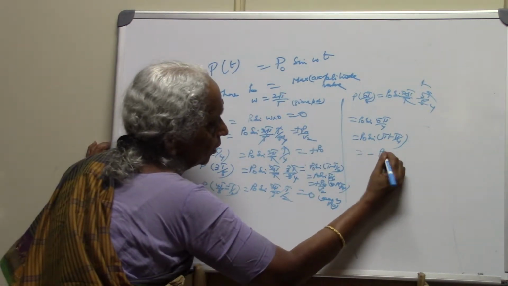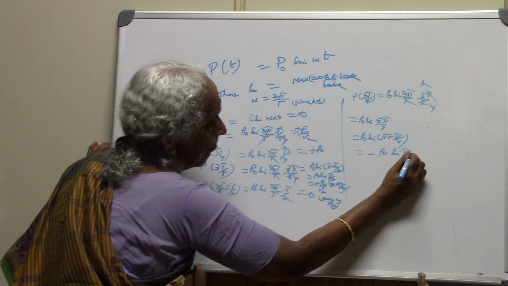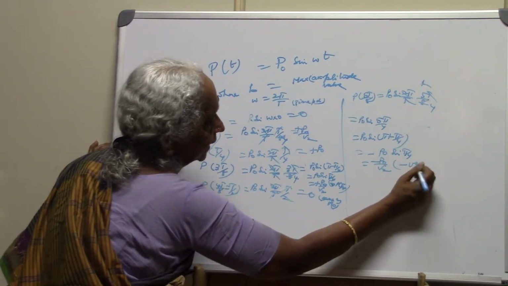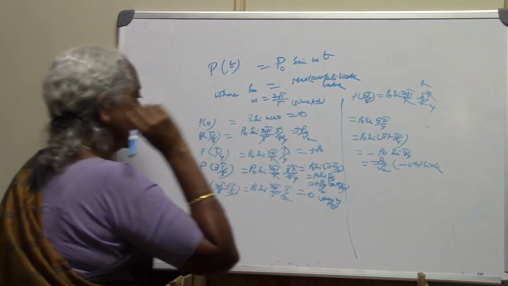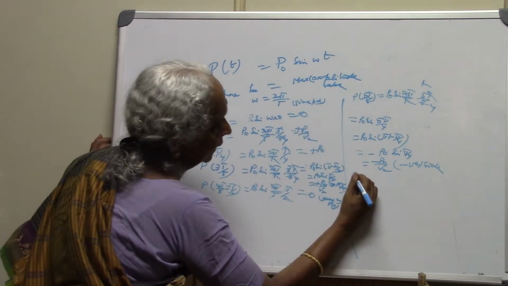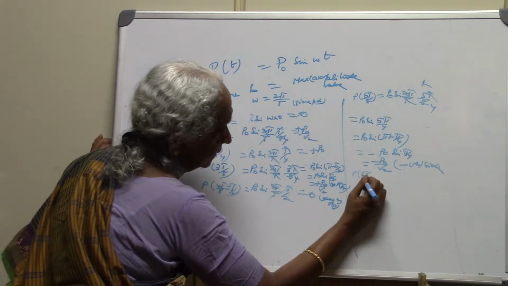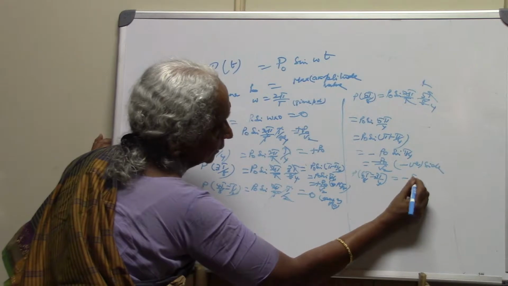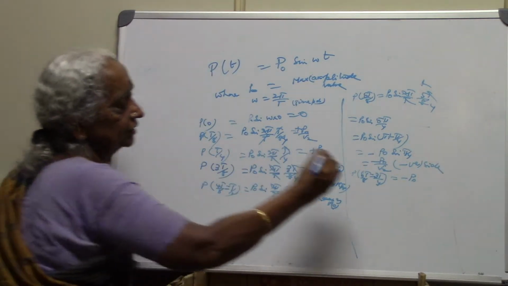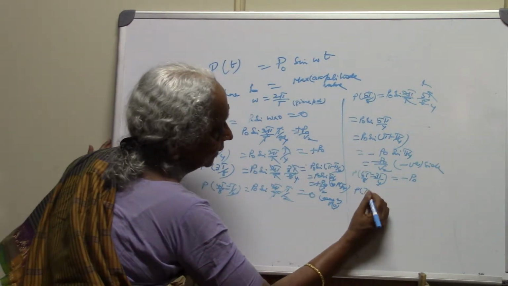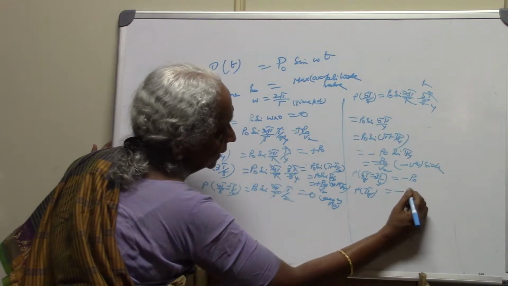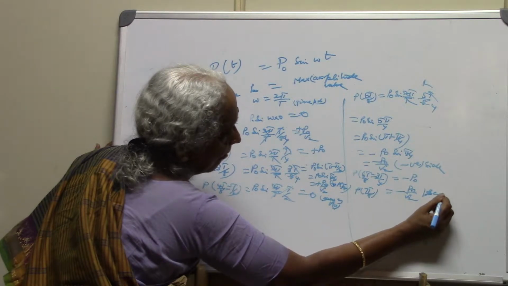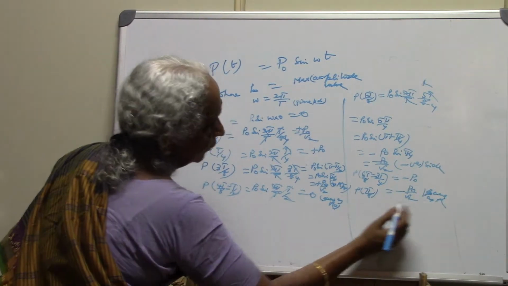So minus P naught sine of pi by 4 equals minus P naught by root 2. It's on the negative side. And P at 6T by 8, which is 3T by 4, can be shown to be minus P naught if you apply the same logic. And P at 7T by 8 will be minus P naught by root 2, same as P at 5T by 8.